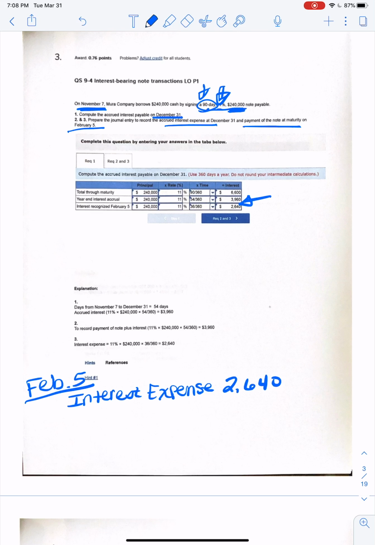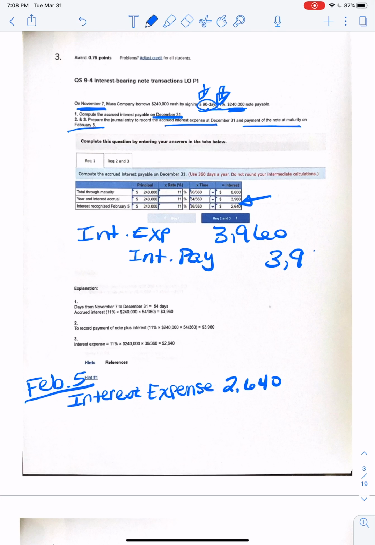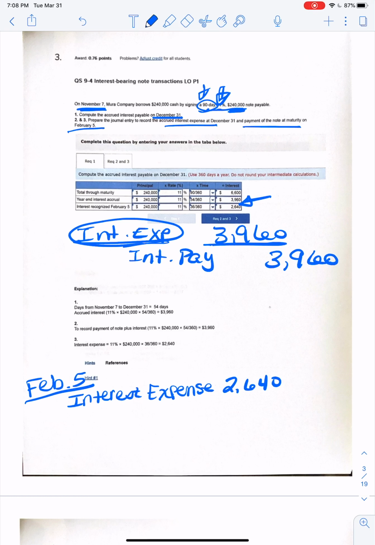And my answer to you is this. Well, if you think about that journal entry we did just a second ago, where we debited interest expense and we credited interest payable for $3,960, I know I can't use this associated with this $3,960 here, because at the end of every period, so at the end of December 31st, that expense account would have been closed through retained earnings.